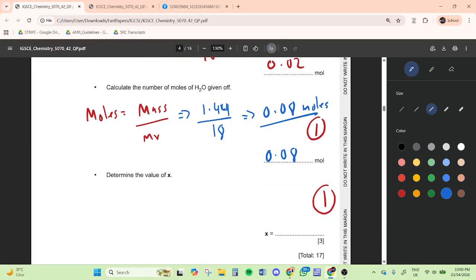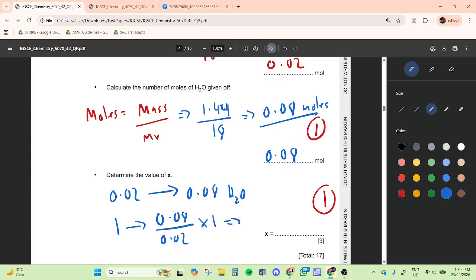So if with 0.02 moles you get 0.08 moles of water, then 1 mole of calcium nitrate is going to give you 0.08 divided by 0.02, so this is the unitary method, times 1, and if you do the math, you're going to get 4. And that's your answer. The answer is going to be 4, and that's an easy 17 marks that you've gotten for question number 2.